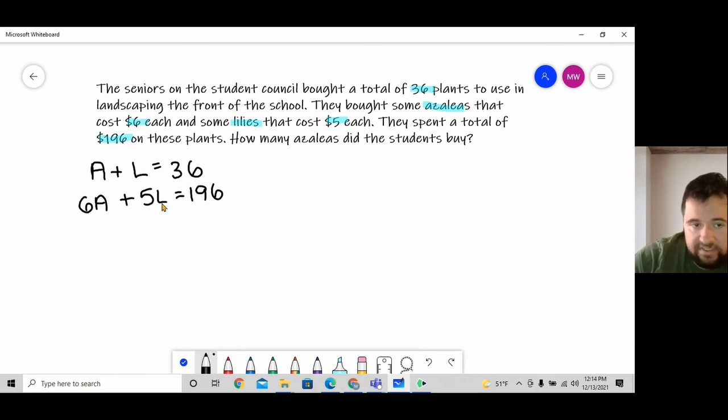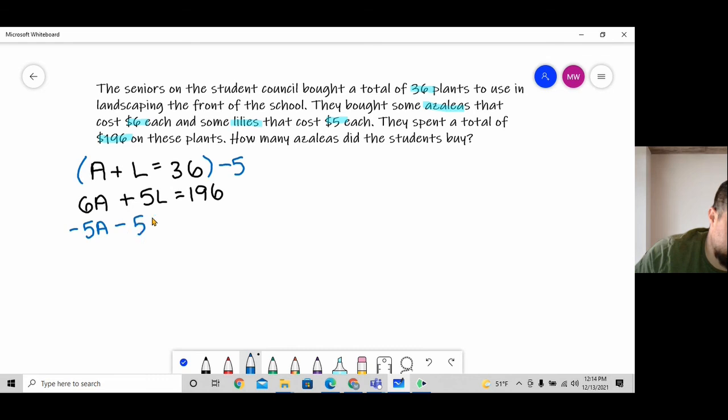I don't have any offsetting variables, but I want to solve for A. So I'm going to take my entire top equation and multiply it times negative 5. Because when I do that, I'm going to end up with negative 5A minus 5L equals, let's see, 30 times 5, 150, 180, equals negative 180. These two variables will cancel, and I'll be left with A equals 16.